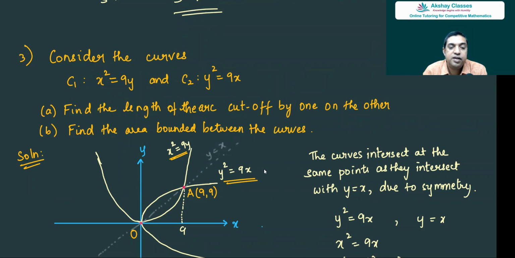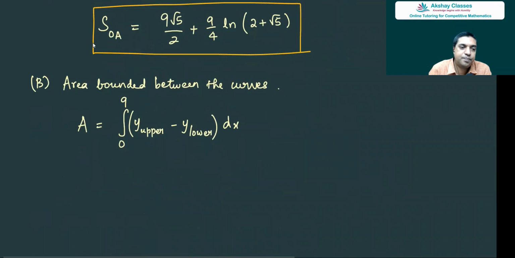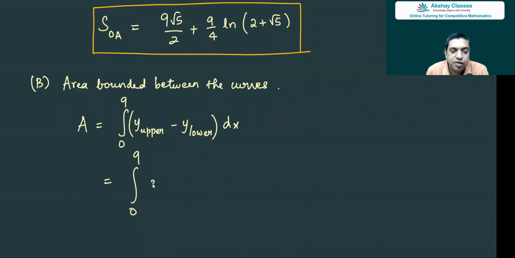So y square equal to 9x is the upper curve. So y will be 3 under root x. Now x square equal to 9y, so minus x square upon 9. The lower curve will be this. So this is the integral dx.